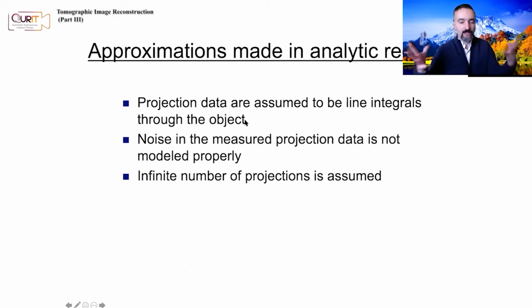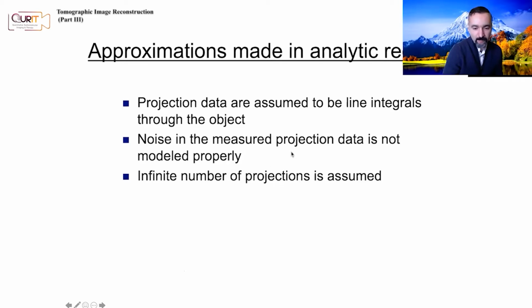The Radon transform just assumes a line integral. So if you have deviations from a line integral, for example, in PET you may have photon non-collinearity, you may have positron range, or for both PET and SPECT you may have intercrystal scattering and blurring and all these things, the Radon transform cannot take that into account.